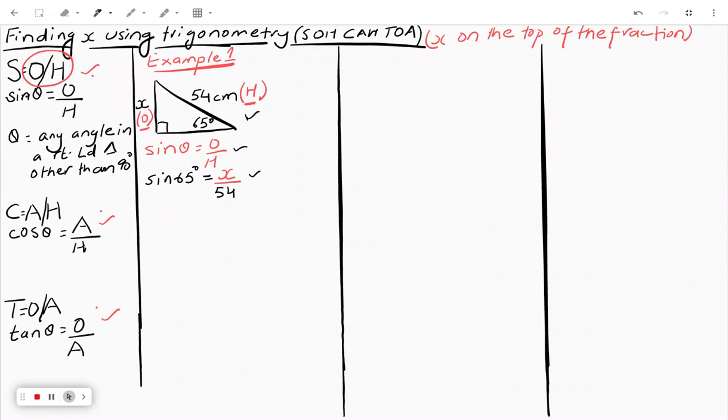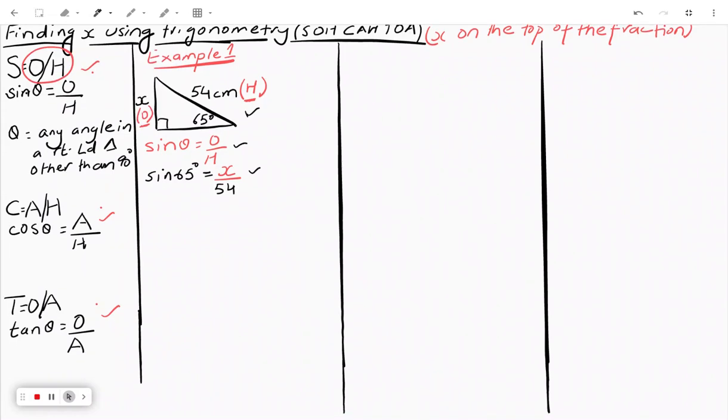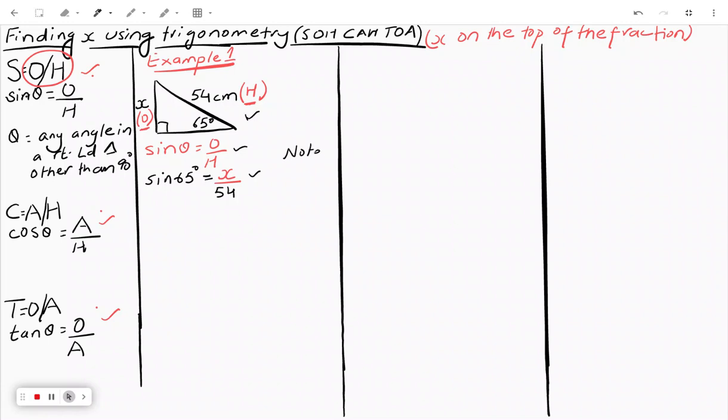I'm going to give you another note here, and this is a very important note: if x is on the top of the fraction, keep one thing in mind: multiply. Okay, so that's the thing you need to keep in mind to get to your final answer.